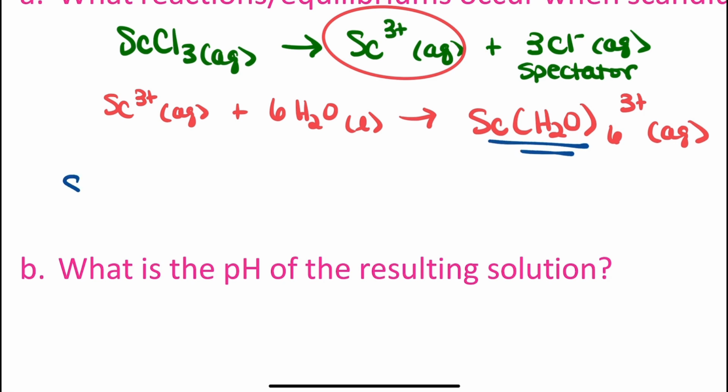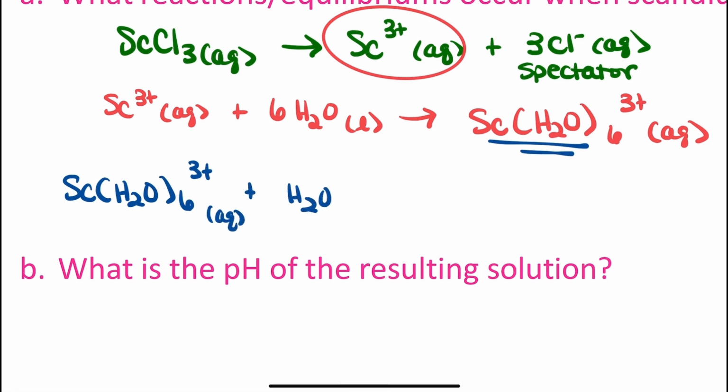This species, then, in water, remember it's so positive, the charge to size ratio is so good for the scandium that it's pulling those water molecules really, really close through the oxygen. What that's doing though, the oxygen is very attracted to the scandium, it's polarizing the bond with the hydrogen atom on one of the water molecules, weakening that covalent bond, and a different water molecule comes along and steals the proton.